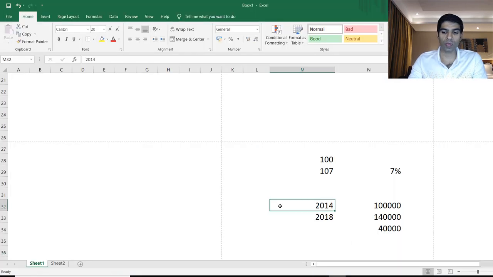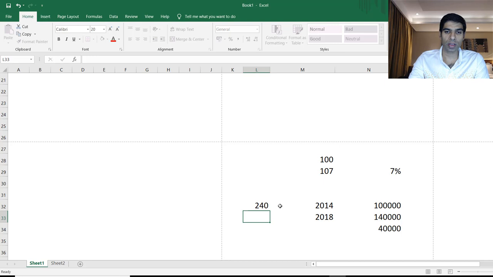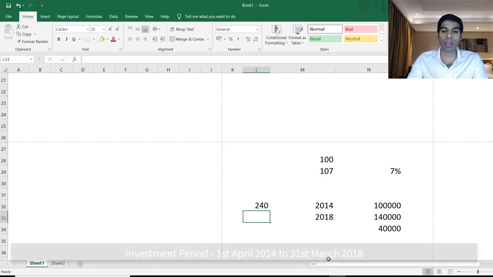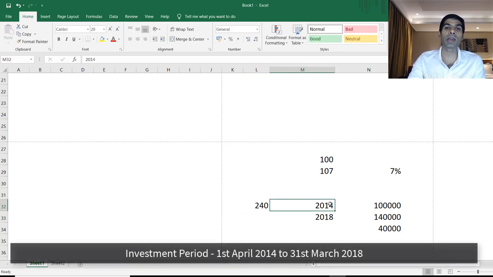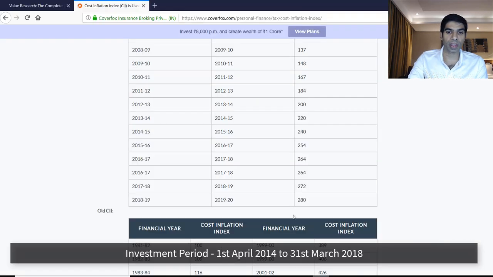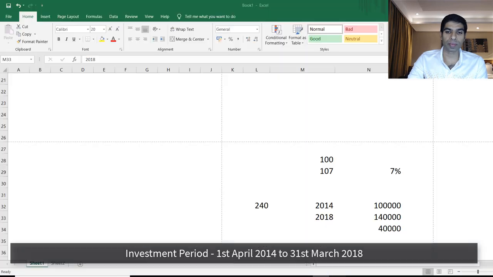Here it was 240, and we are redeeming it in 2018, let's say this was 1st April 2014 and we are redeeming it on 1st April 2018. So we've spent close to 4 years in the fund, and on 1st April 2018, it was 272, right? So we have spent 1, 2, 3, 4 years.